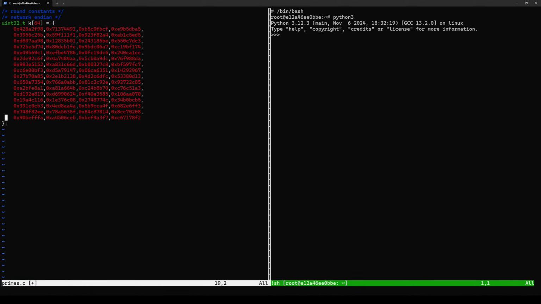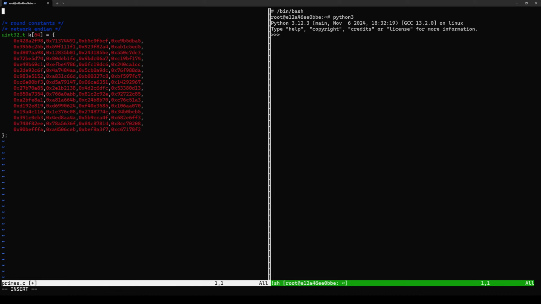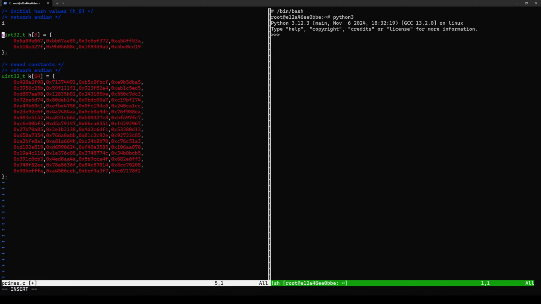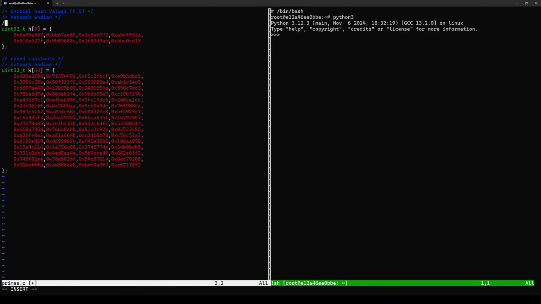Okay. So we have the round constants and the initial hash values. I need to calculate these somehow. I'm not going to be so fancy with my formatting this time: fractional component, square root, first n primes.